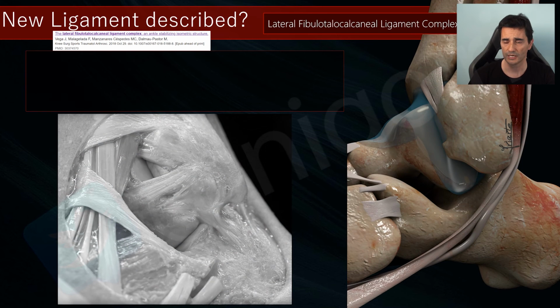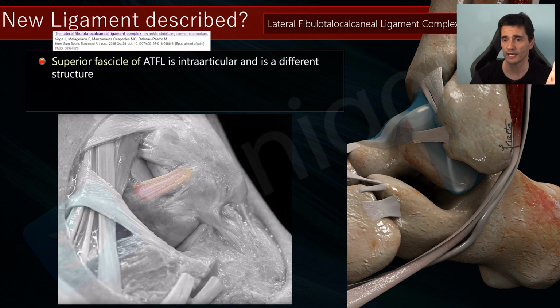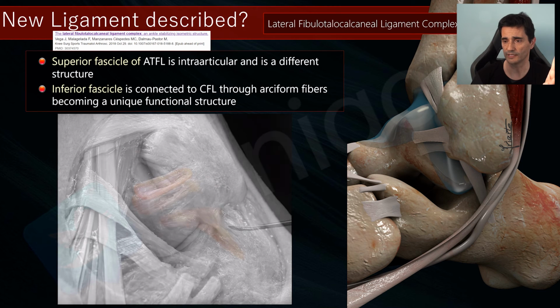Okay, if you remember the anatomy of the anterior talofibular ligament, there's a superior fascicle here, which is a thickening of the capsule. It's intra-articular. Okay, and the normal variant of this ligament has two fascicles, the superior one and the inferior one here.